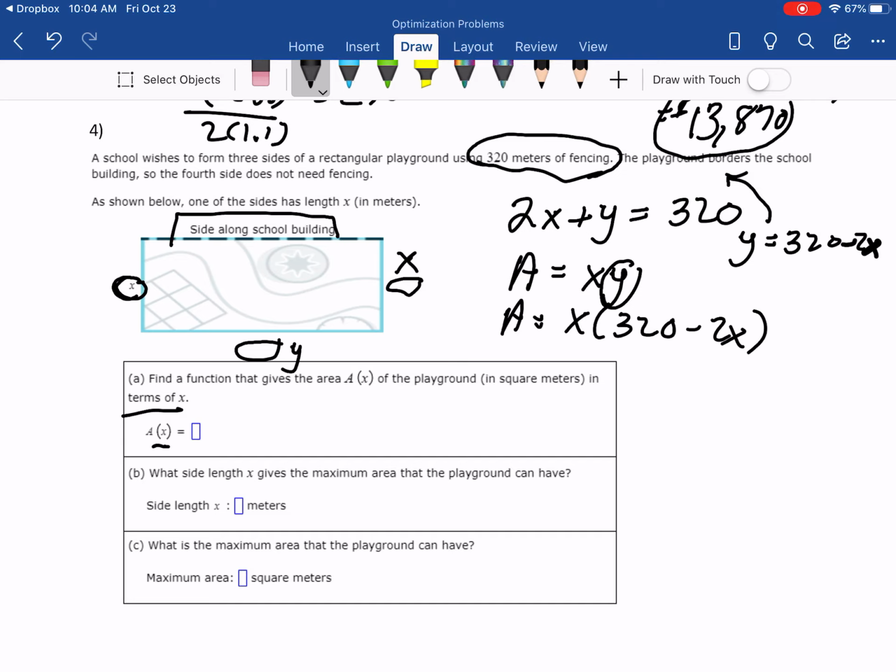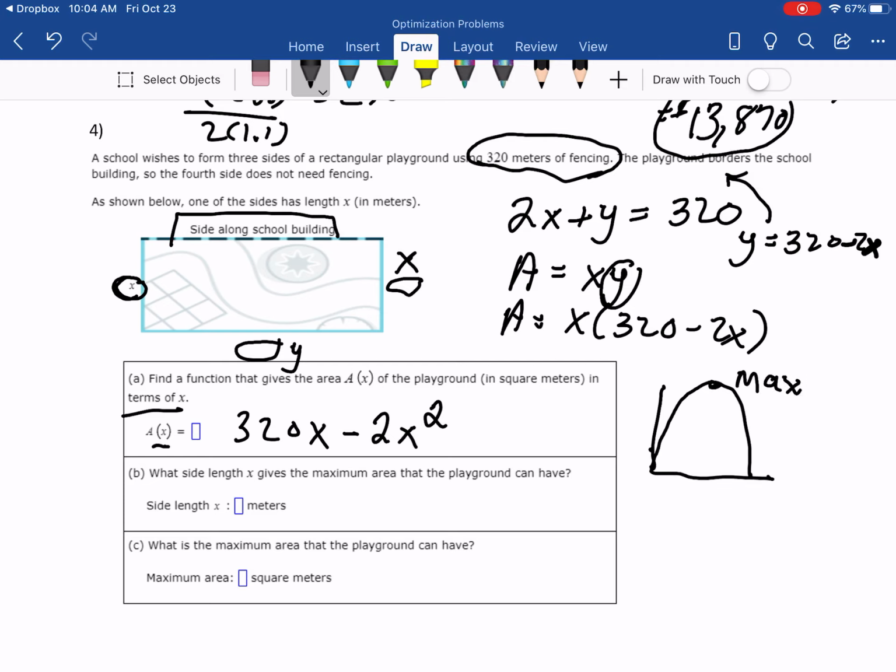Your area is 320x minus 2x squared. Now if we think about what this function looks like, 320x minus 2x squared, it is a frowning parabola. It's going to look something like that. It's going to have a maximum.